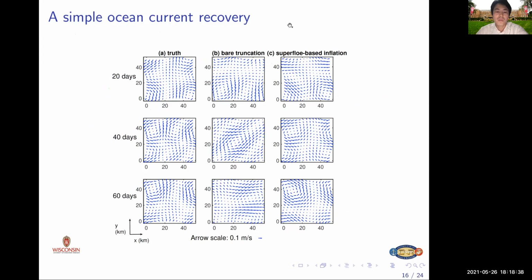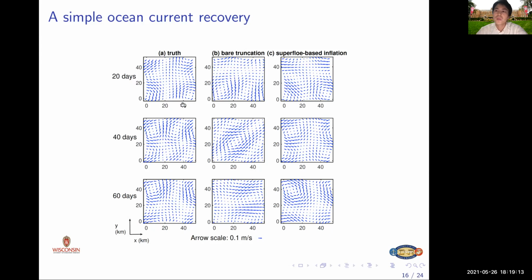We observe that if we simply remove the small floes, then the ocean current cannot be recovered. You see this velocity field is somehow completely different from the truth. Even the largest scale modes are not captured, right?